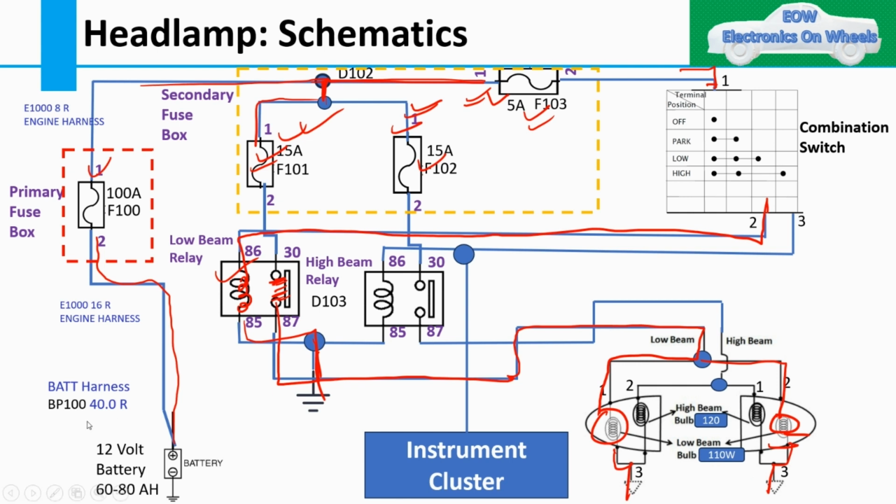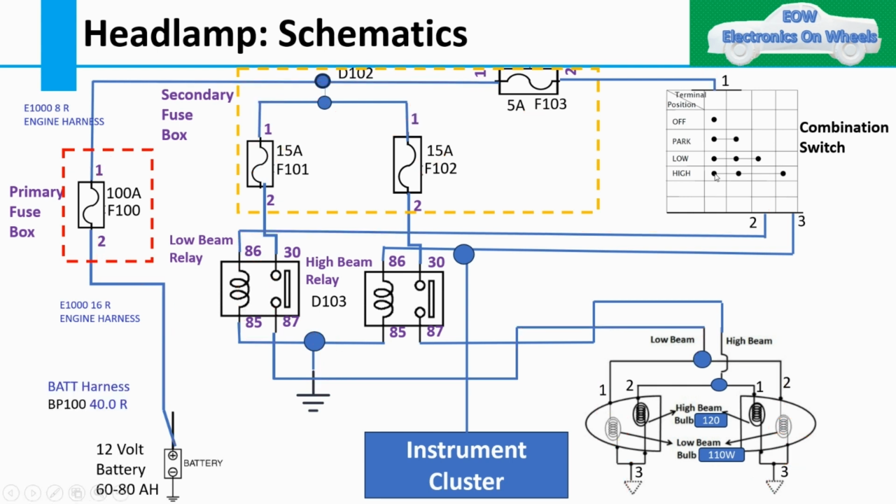Similarly for the high beam, when you switch on the high beam, this current will flow here, then this will make the connection here, then it will go here and switch on your high beam bulb, and these are the values of the high beam bulb.